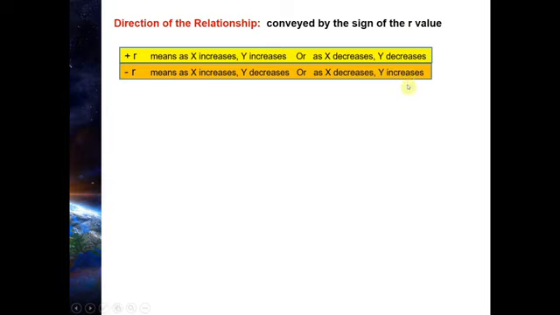It's really saying the same thing. Because remember, if it's positive, it means X and Y are moving in the same direction. If it's negative, it means X and Y are moving in opposite directions. So it doesn't really matter if you say X goes up, Y goes down, or X goes down, Y goes up. They're still moving in opposite directions. It would still be negative.